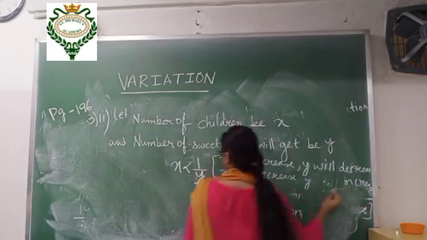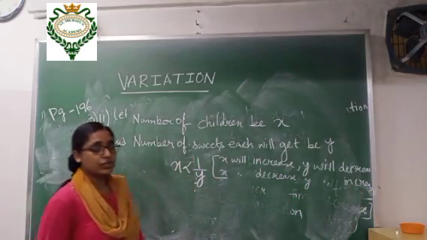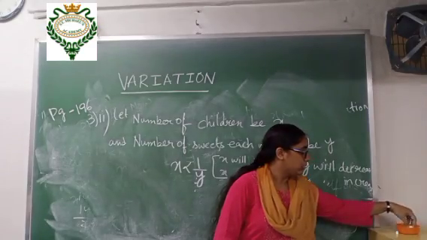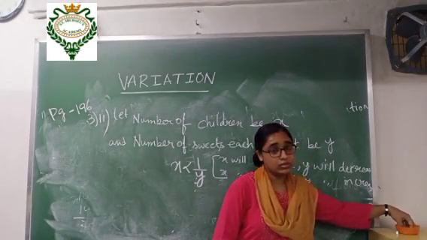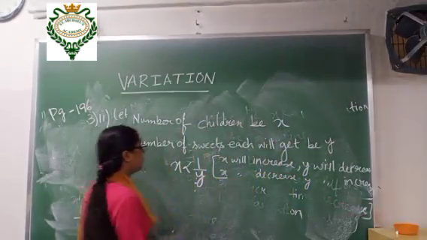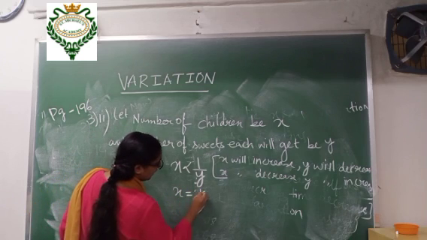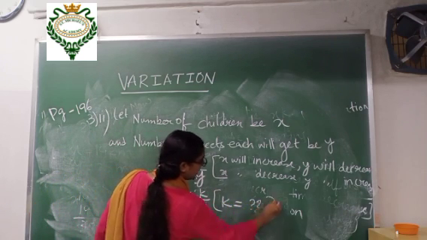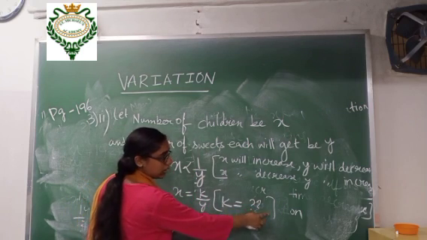Or you can write, if the number of children will decrease, the number of sweets will increase, or decrease according to that. Now after that, what will you do? X equals k by y, and k is what? Variation constant. Please write this one. K equals variation constant.